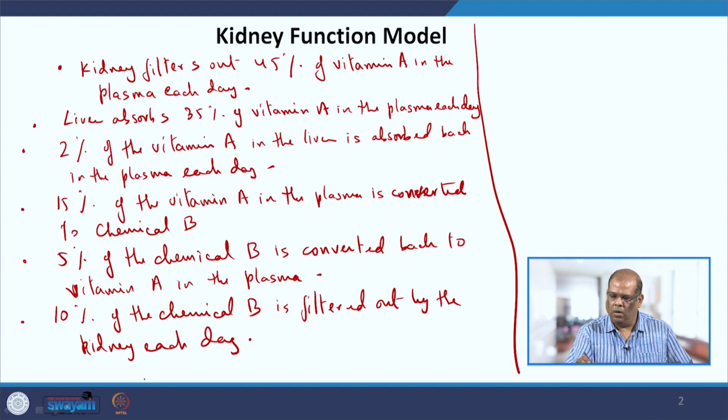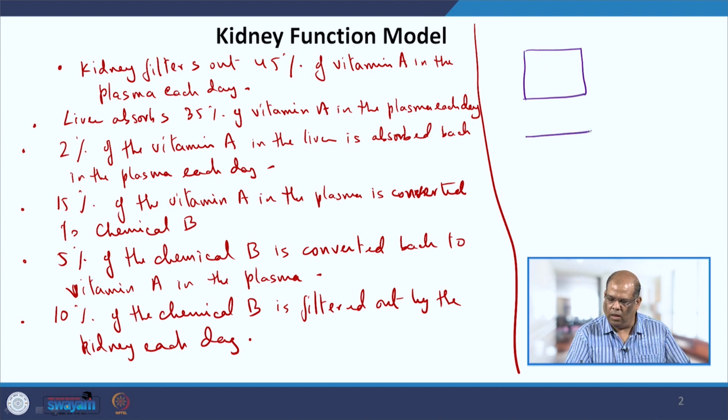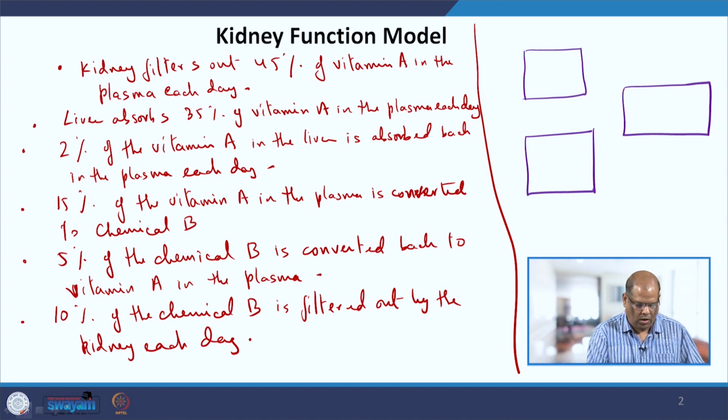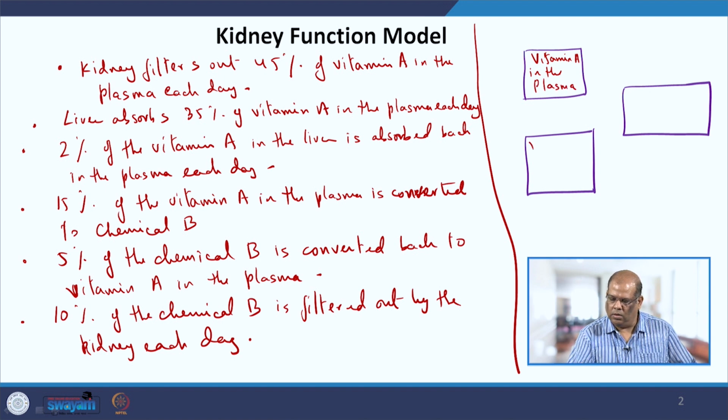So I have vitamin A in the plasma, vitamin A in the liver, and the chemical B. Let's call them Pn, Ln, and Bn.